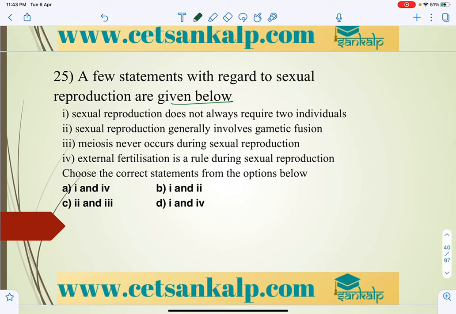Next, a few statements with regard to sexual reproduction are given below. So what are those statements? Let us read. Sexual reproduction does not always require two individuals. First let us look at what we have to select. Choose the correct statement. Sexual reproduction does not always require two individuals.